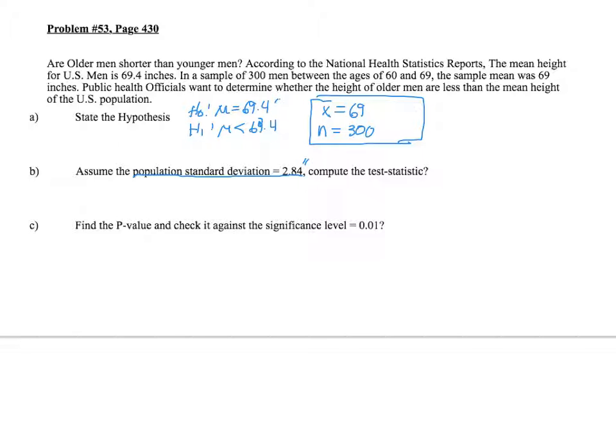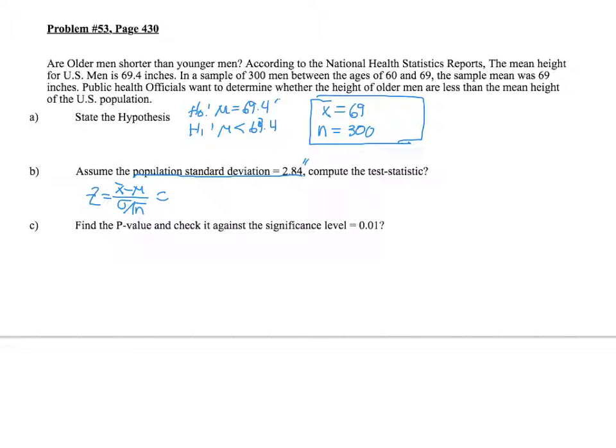And it says compute the test statistic. So that's step 2. So Z is equal to X bar minus mu divided by sigma over the square root of N.